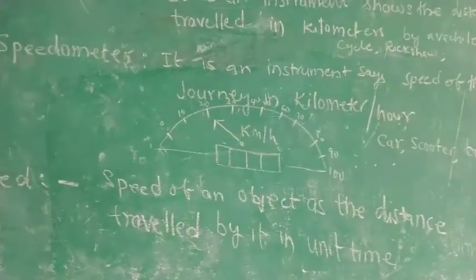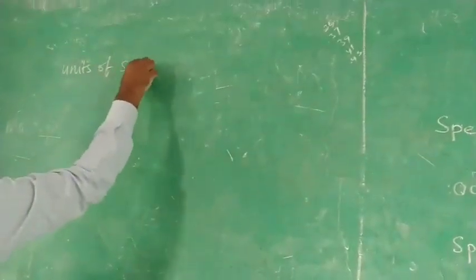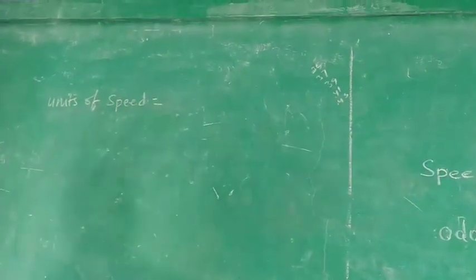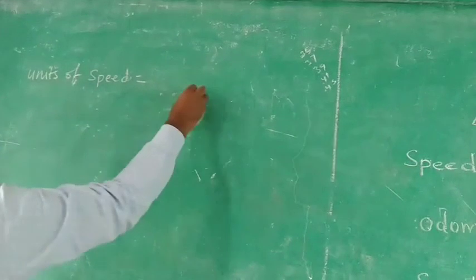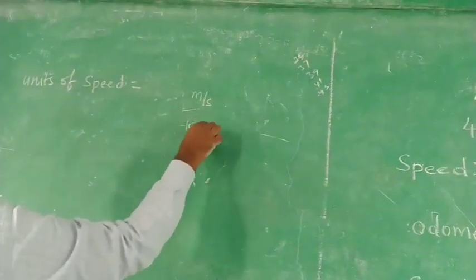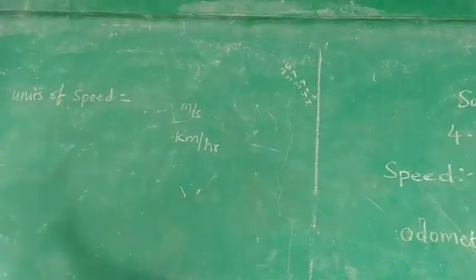What is the unit of speed? Units of speed are meters per second or kilometers per hour.